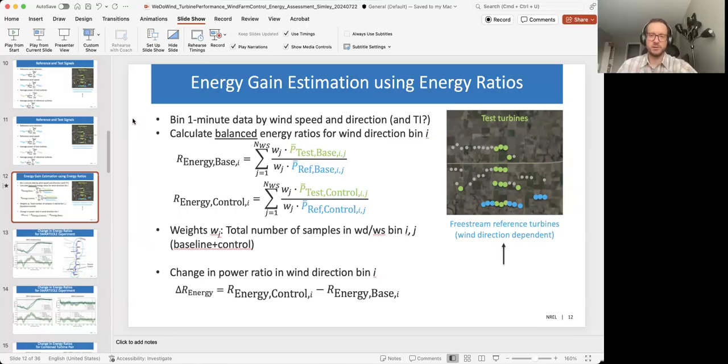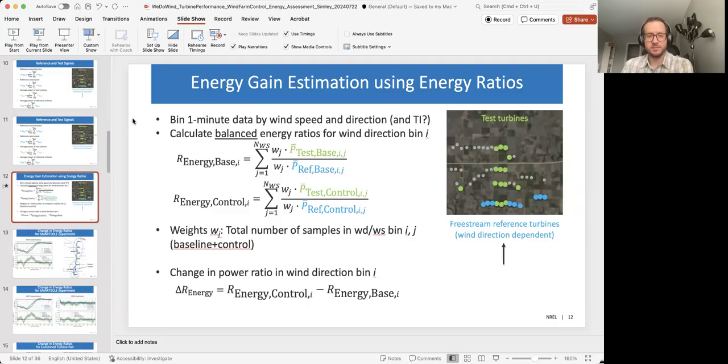Yeah, I think so. I'll talk about that and feel free to jump in. When we're using the turbine's wind speed measurements or wind direction measurements, we're always using the unwaked turbines as our references for our reference inflow. But you're right, that might not be the actual free stream inflow because of the nacelle transfer function and all those effects.